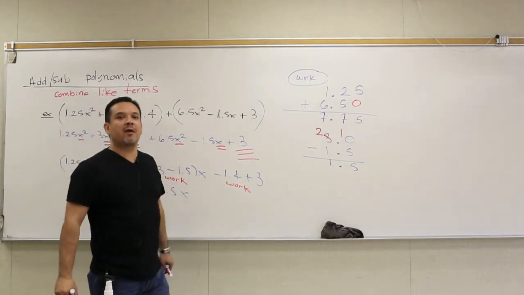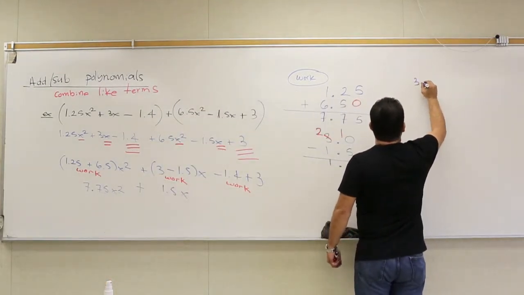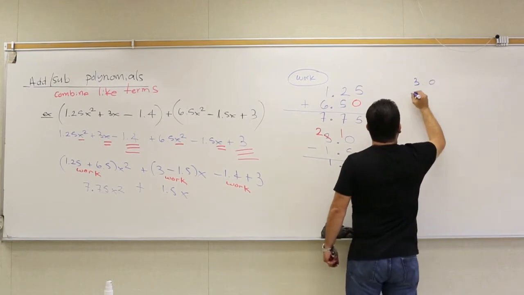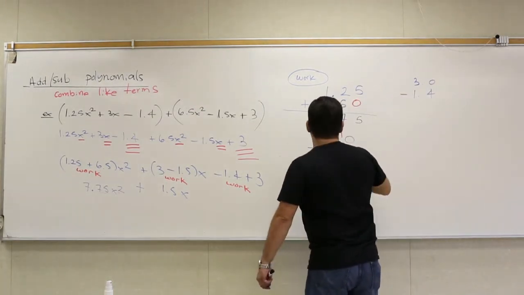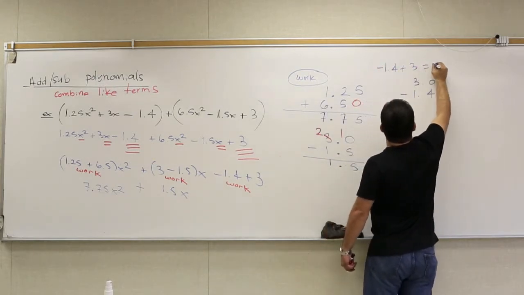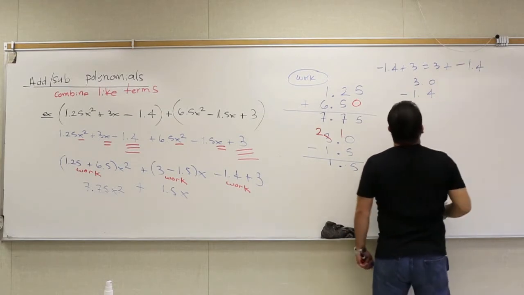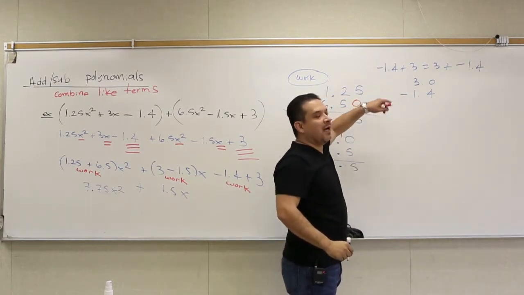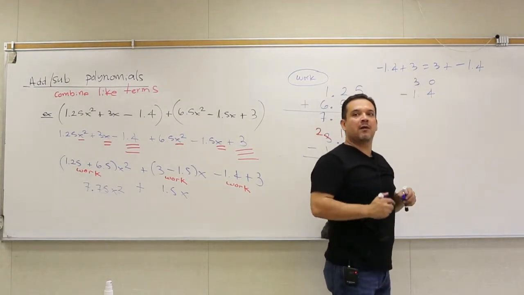And then, what do you remember about this last piece of work? Negative 1.4 plus 3. Can I just write it as 3.0 minus 1.4? In other words, is negative 1.4 plus 3 the same as 3 plus a negative 1.4? Is that the same? Yes, because the order in which you add does not matter.